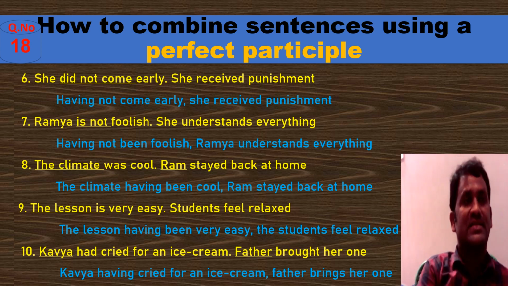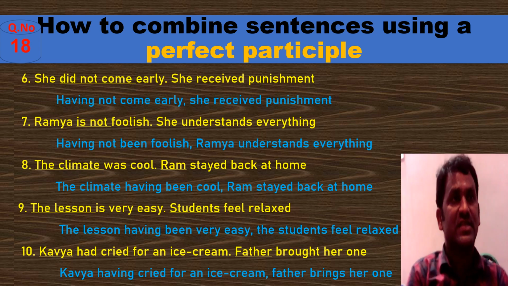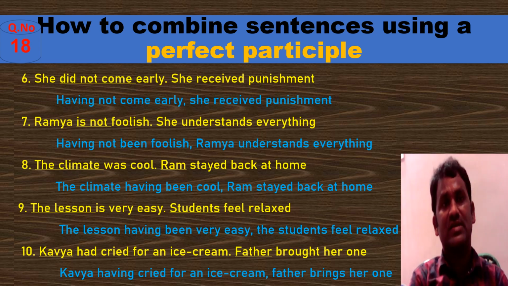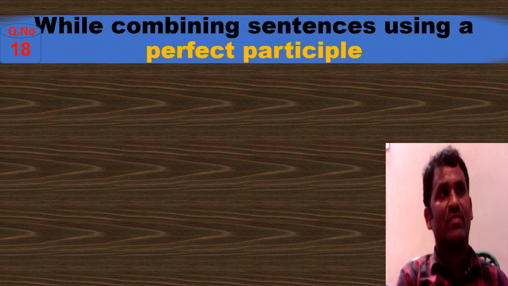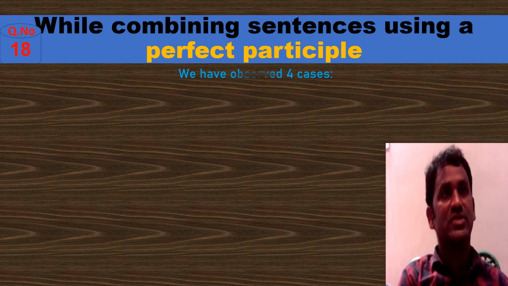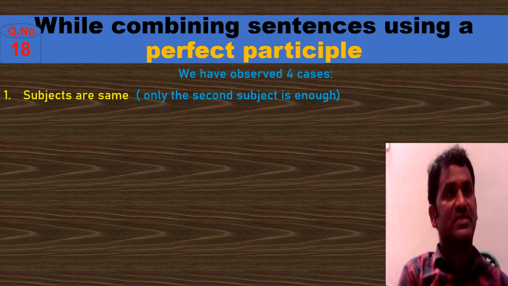These are the 10 sentences. And out of these 10 sentences, we have the same conclusions as in present participle. Just as we summed up for present participle, here too we can sum up. Let us see the points. We have observed 4 cases. Number 1, subjects are same. Number 2, only helping verbs.